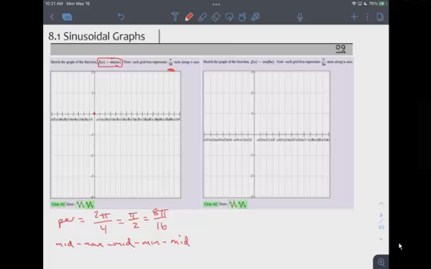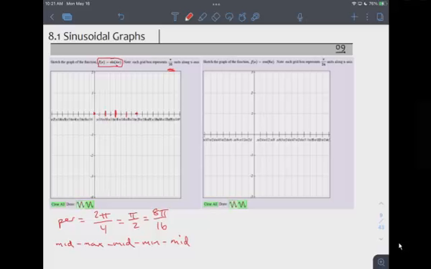So if I am marking pi over 2, that means every 8 of these units, 1, 2, 3, 4, 5, 6, 7, 8, this graph is going to repeat. If I cut this in half, every 4 is halfway, and if I cut each of those halves in half, I can see where my critical points are going to fall.